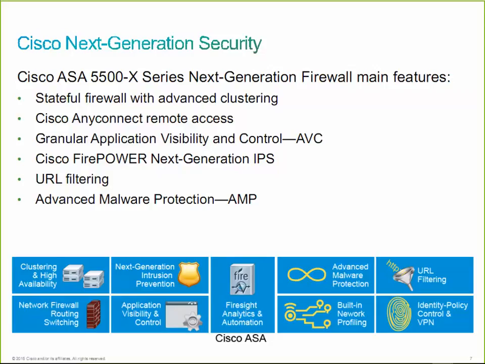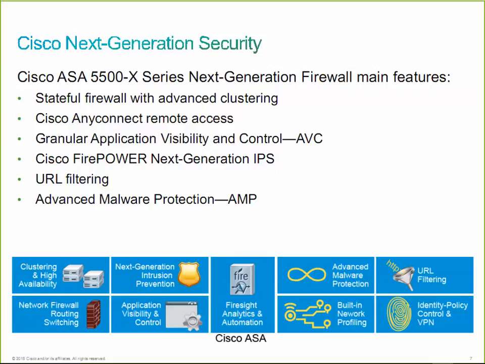So Firepower can be deployed as a separate physical appliance, for example, the 8000 series appliance. Again, that's the big daddy. It's going to provide 15 gigabits of throughput with about 60 gigs of IPS throughput. The 7000 series provides about 50 megabits a second of throughput up to about 1.2 or 1.3 gig of throughput for IPS, and so on.